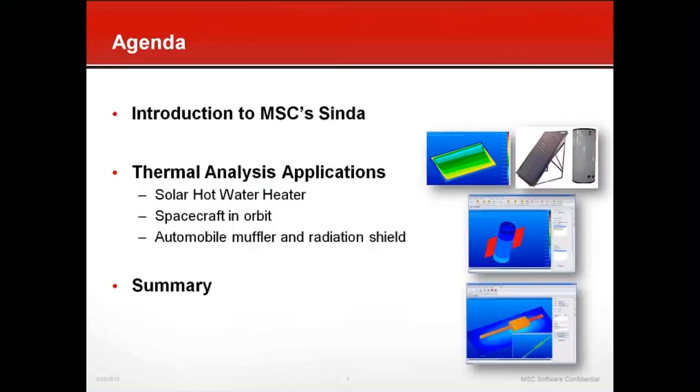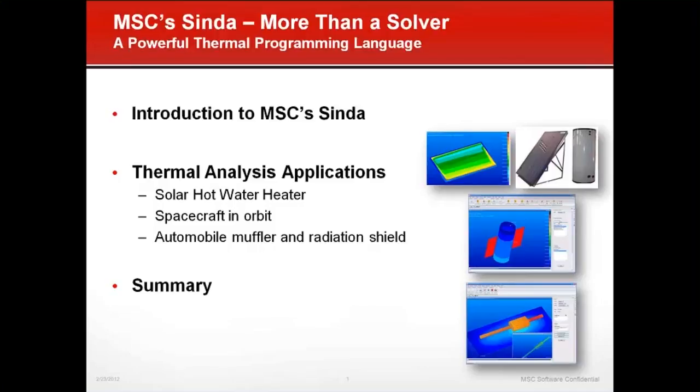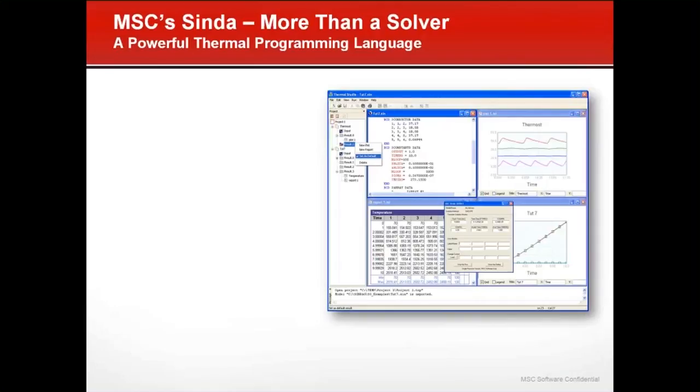So Sinda basically solves an electrical network analogy to a thermal problem, and this method was actually developed 50 years ago during the Apollo program at Chrysler Aerospace, and it was spelled CINDA for Chrysler Integrating Numerical Differentiating Analyzer.